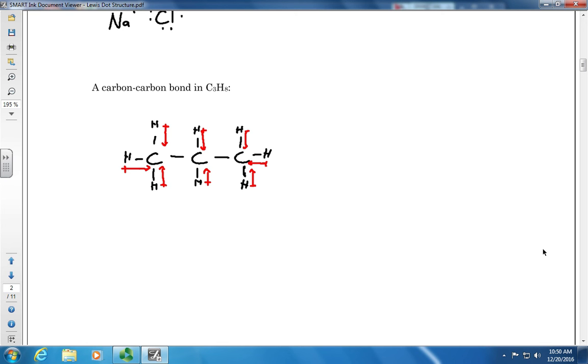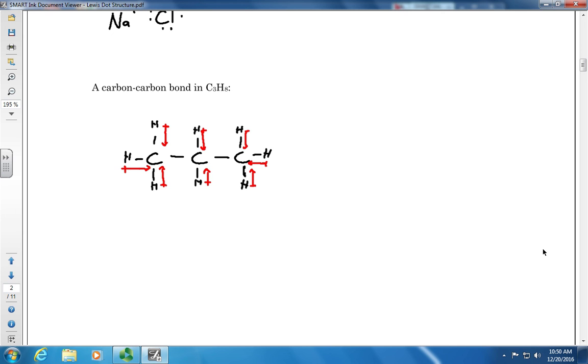As a molecule as a whole, propane is a nonpolar molecule. But we're asked specifically for the carbon-carbon bond between the carbons in the C3H8. So notice that I didn't put a dipole moment between them because carbon has the same electronegativity as the other carbon. There's no change.